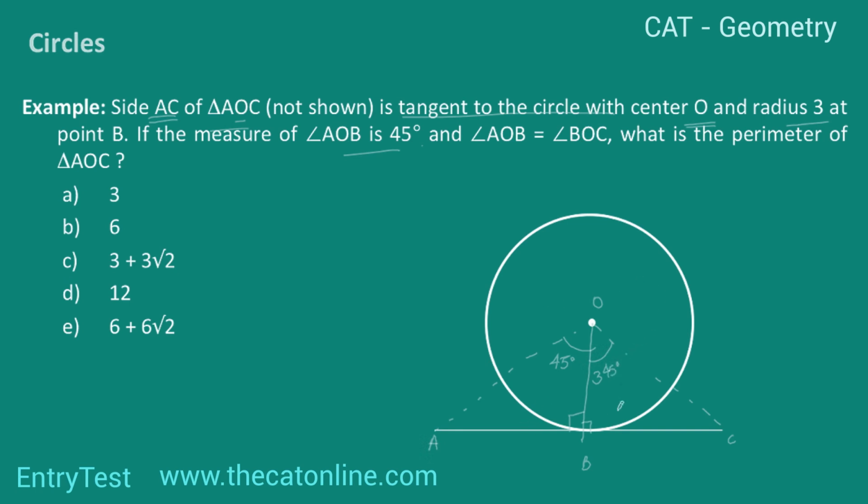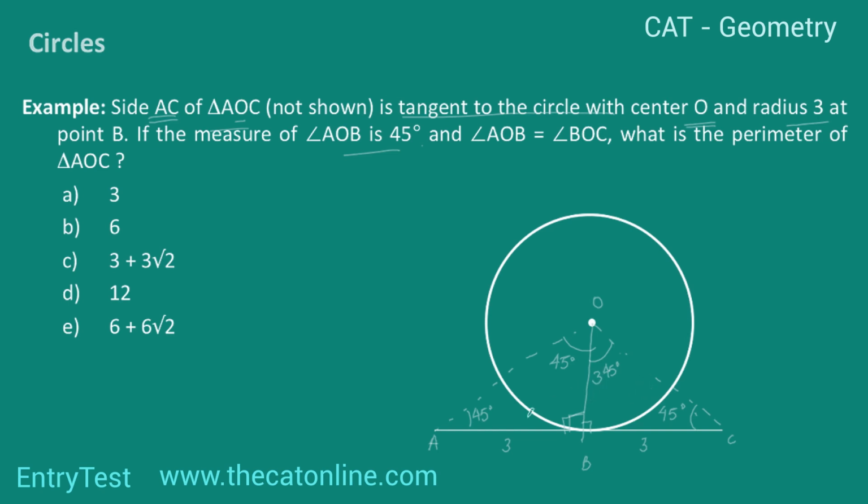Now if this is 90, this is 45, this has to be 45 because the sum of all the angles inside a triangle has to be 180 degrees. Similarly, if this is 45, this also has to be 45. That means if this side is 3, AB has to be 3. This side is 3, this has to be 3. Why? If two angles are equal, the sides opposite to them are also equal.